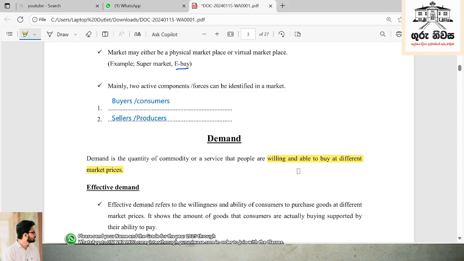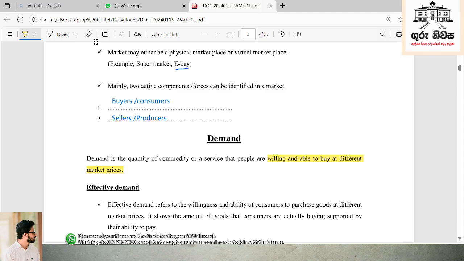The other main point is to highlight willingness. People are willing and able to buy. Willing means desire. For a demand, number one is people should have something like willingness, desire. If you really want that product, there will be a demand. For example, you may never demand a chemistry past paper book.